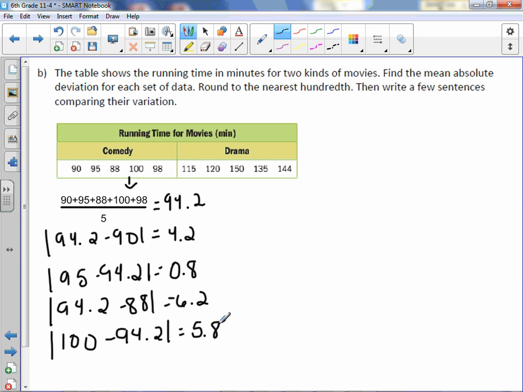And last but not least, we have 98 minus 94.2, take the absolute value, and it's 3.8.